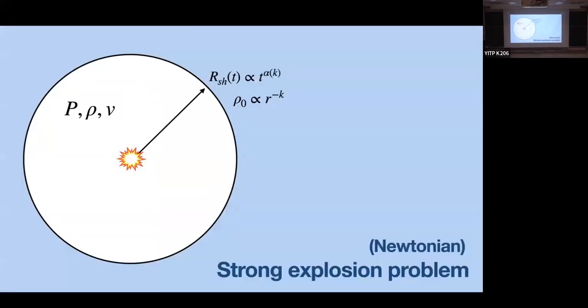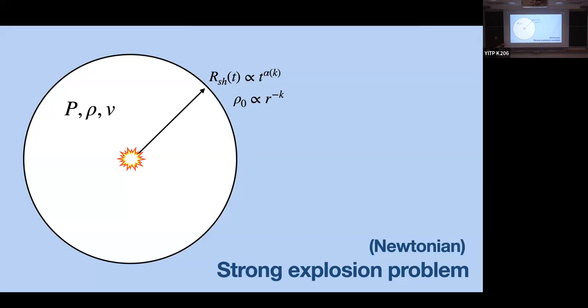But I'm not going to talk about the diffusion problem. I will actually talk about ultra-relativistic blast waves, ultra-relativistic explosions. But first, I will start with the Newtonian analog of the ultra-relativistic blast wave, just because it will give us very important intuition for what happens in the ultra-relativistic case, which is much more complicated.